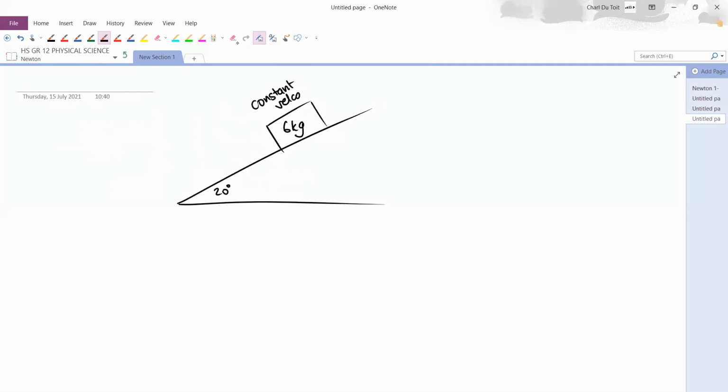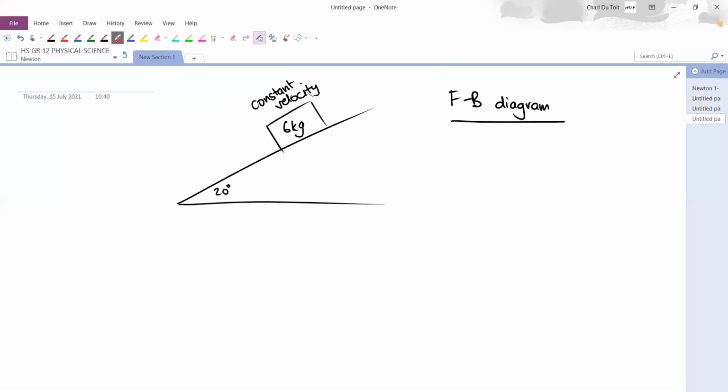Let me just try and spell velocity right. Velocity. So the box is sliding down at a constant velocity. I want you to draw a free body diagram of all the forces on the block. Please draw a free body diagram.